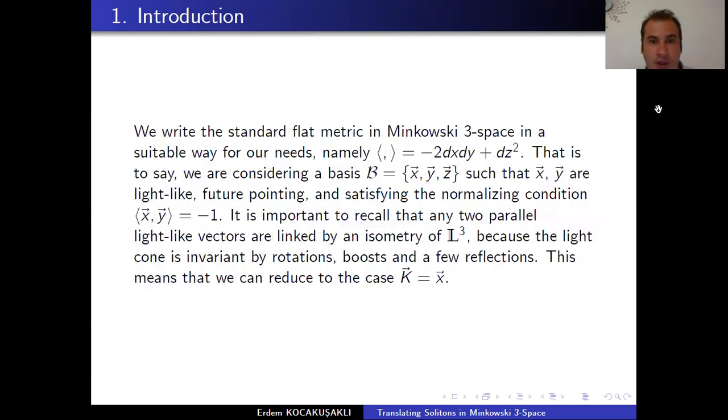In this work, we use the standard flat metric in Minkowski 3-space, given as minus 2 dx dy plus dz squared. Here, x and y are light-like vectors satisfying the normalizing condition that the inner product of x and y equals minus 1.